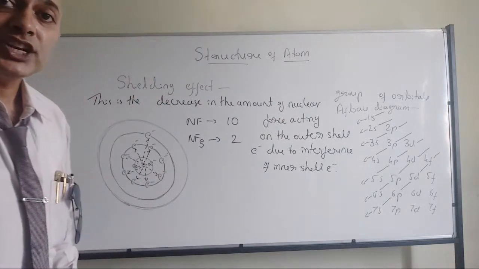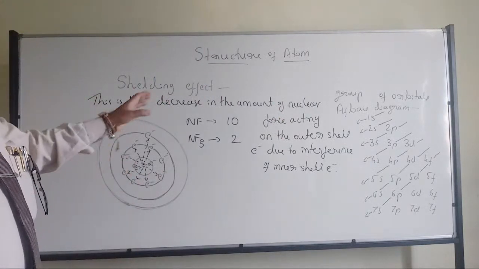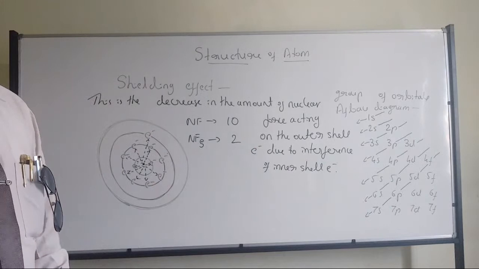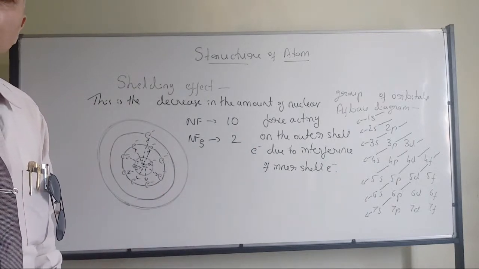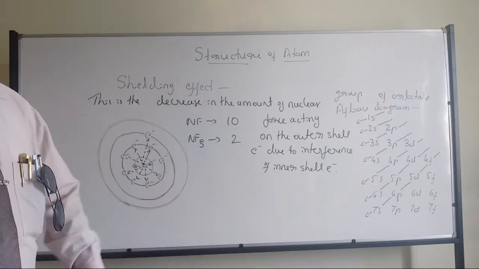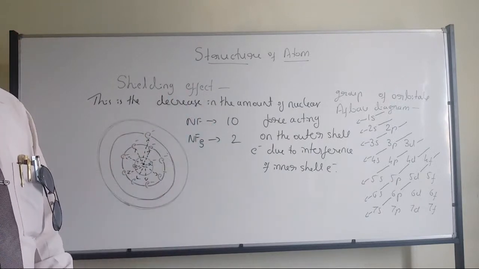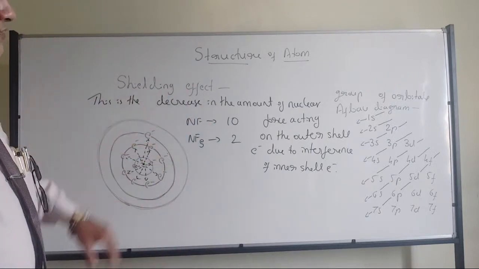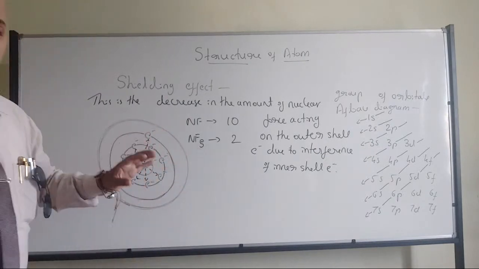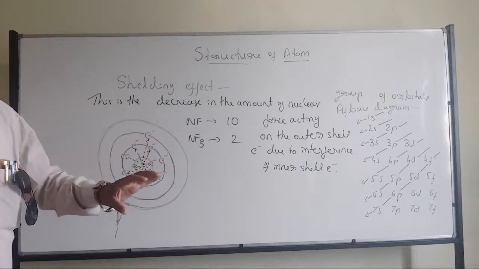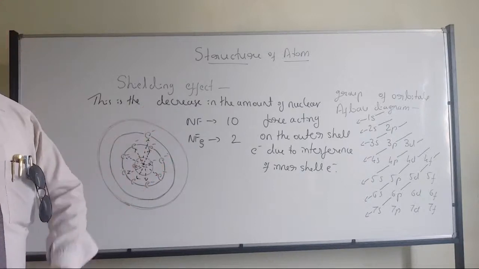So what do you mean by shielding effect? You can tell that shielding effect is the condition where inner shell electrons interfere with the nuclear force acting on the outer shell electrons. That is also fine. Shielding effect is nothing but interference of the inner shell electrons with respect to nuclear force acting on the outer shell electrons.